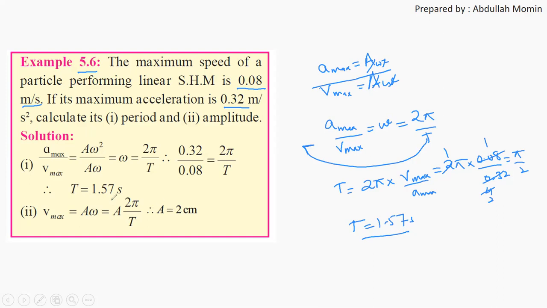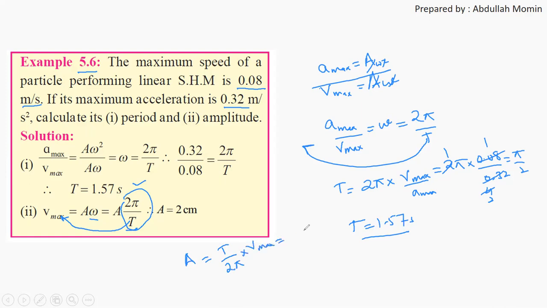So the time period is 1.57 seconds, and the amplitude is V max upon omega. Instead of omega we will put 2 pi by T, and when 2 pi by T goes to the other side of the equal sign, we get A is equal to T by 2 pi into V max.